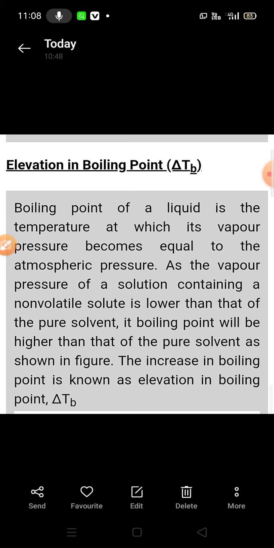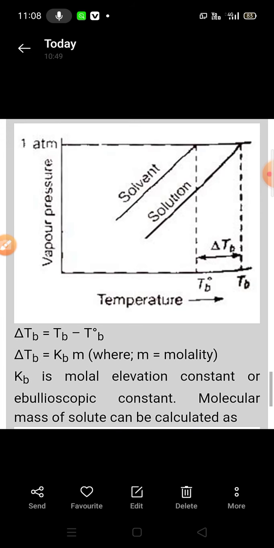Now, we see the graph. First of all, the graph is plotted between temperature and vapor pressure, and we see there are two lines.